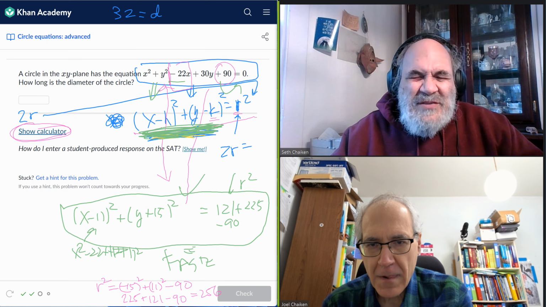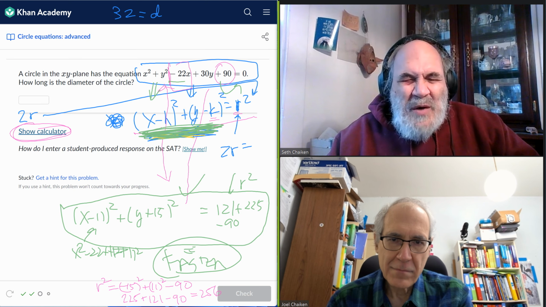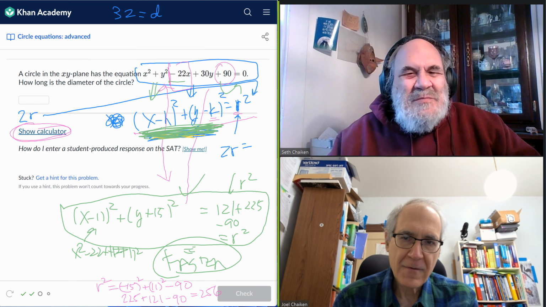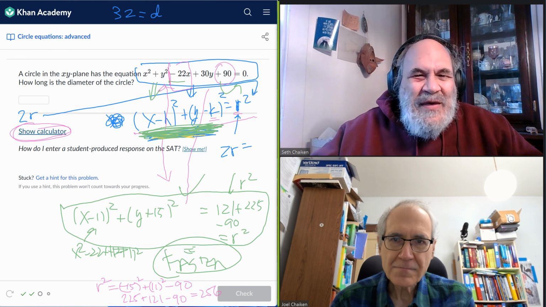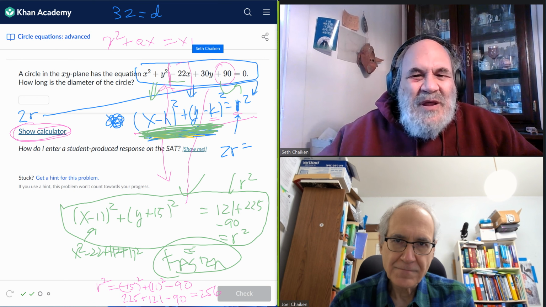So it's helpful to know that it's a good idea to apply the completing the square technique. Let's write it out. If you have x squared plus ax, to complete that you write it as x plus a over 2, squared.